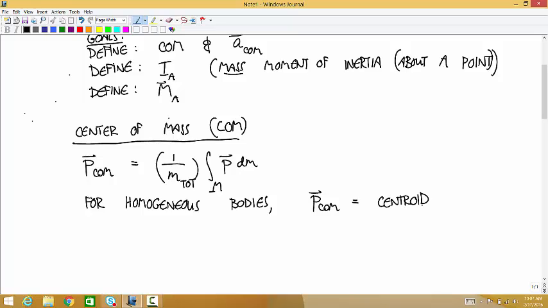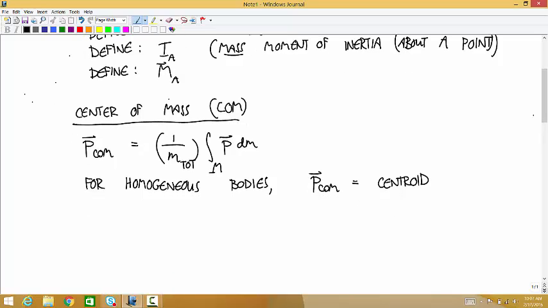And so when you took statics, those of you who took statics, you probably calculated centroids. The centroid calculation in 2D looks like this.